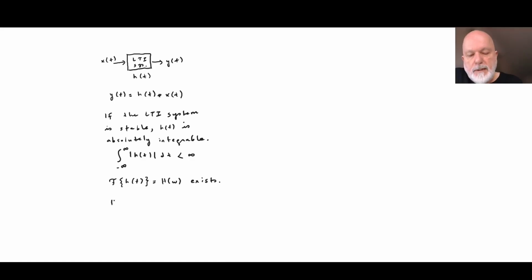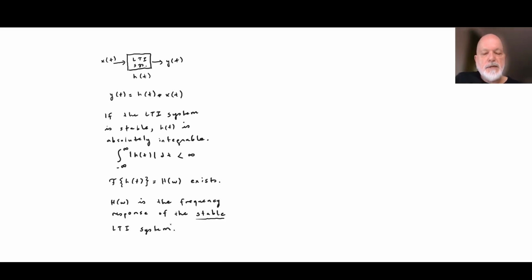Okay, so H of omega is the frequency response of the stable, now this is the important concept in this case, stable LTI system. So the frequency response exists only for stable LTI systems. If the system is not stable, then the frequency response does not exist.